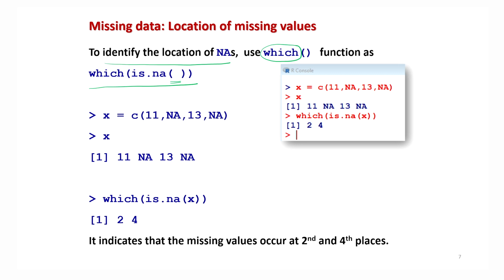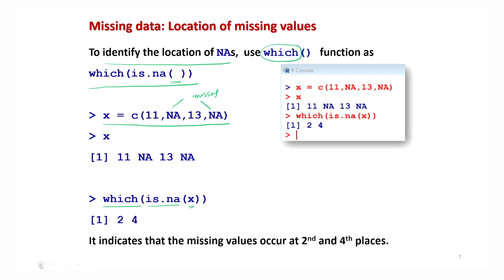For example, let me take the data vector x like this: c(11, NA, 13, NA), so these two values are missing. Now if I operate the command which(is.na(x)), you can see the locations at which we have missing data.